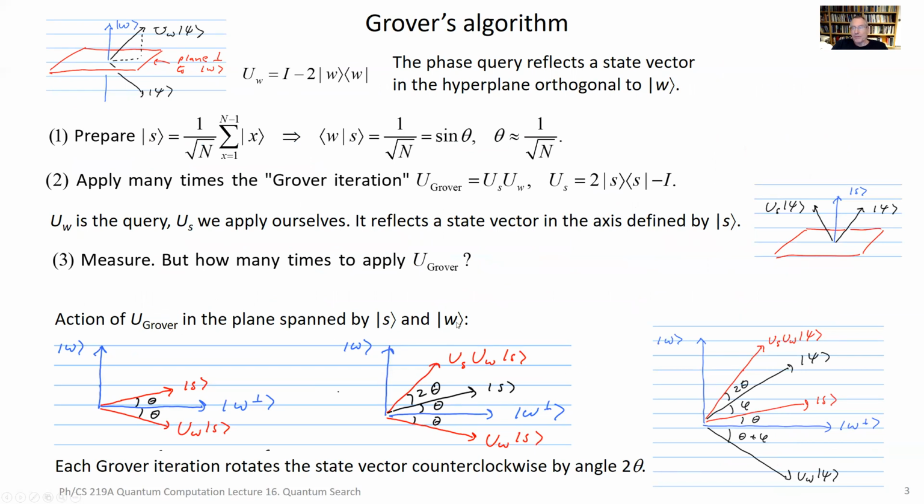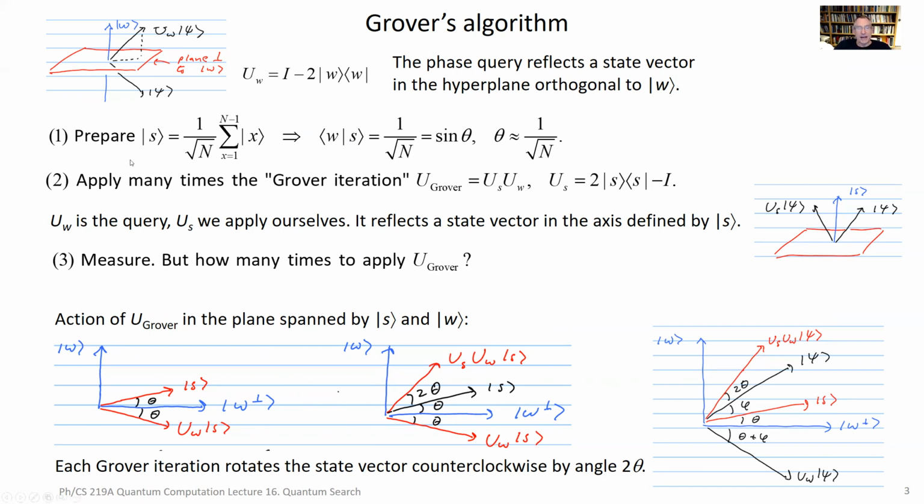Okay, so now I'm going to explain what the algorithm is, and we'll see how it works. The first thing we do is we prepare a state which is a uniform superposition of all possible basis states. One of those basis states is the one that we're looking for. A priori, we have no idea which one. So it makes sense to start out with a state which is a uniform superposition of them all, treats them all symmetrically, because we have no reason to favor one over another.